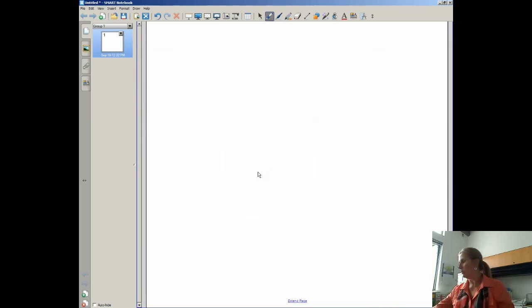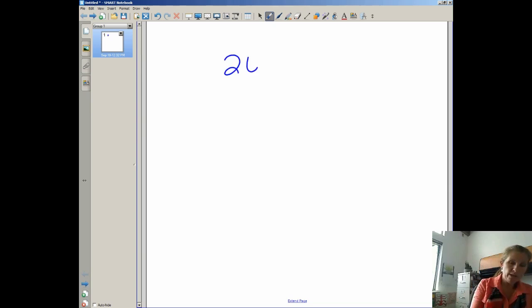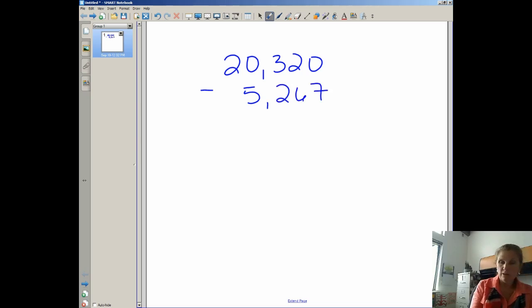Let's go over and do this on the other form because I'm not really sure what's happening there. The peak was 20,320 for Mount McKinley, and it was 5,267 for Mount Katahdin.